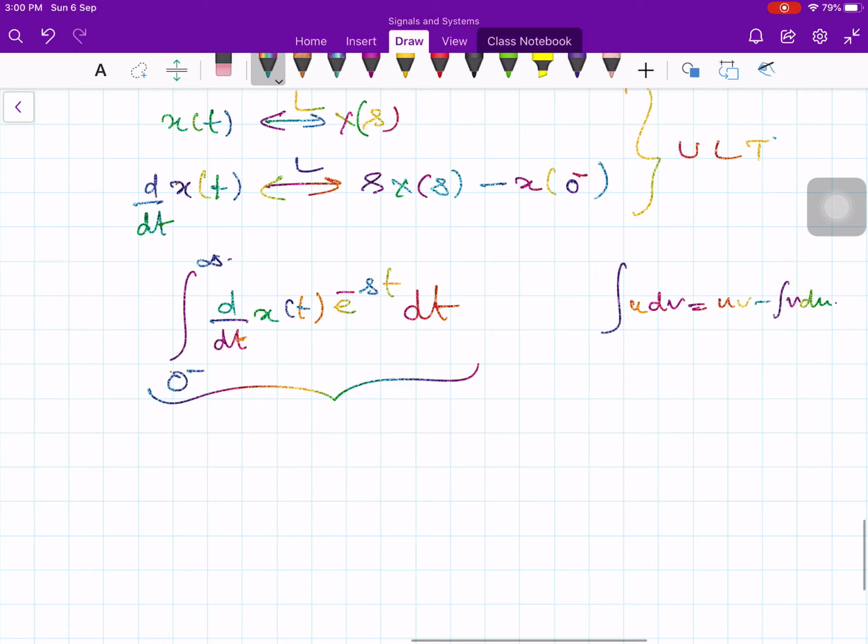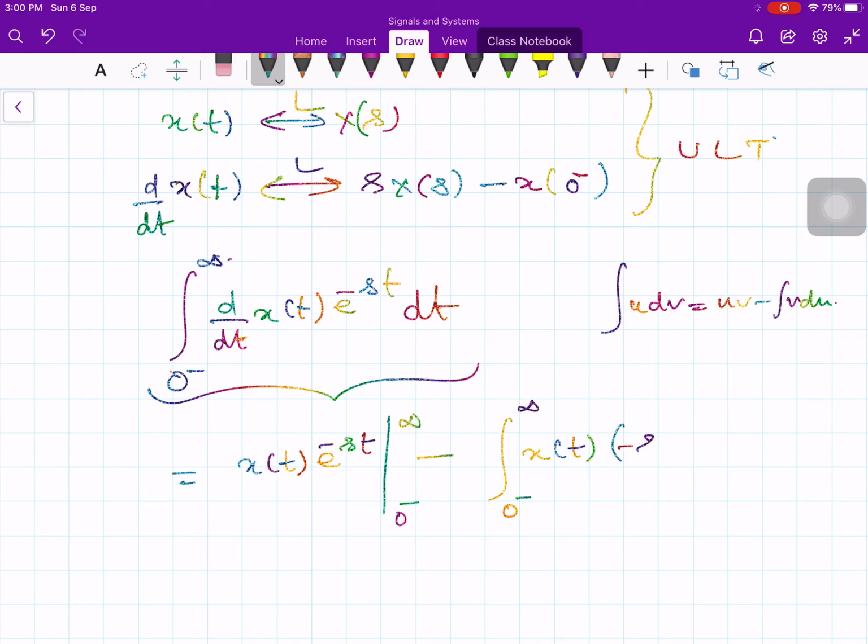So this is equal to x of t e to the minus st, with the limits 0 minus to infinity, minus the integral from 0 minus to infinity of x of t times minus s times e to the minus st dt.